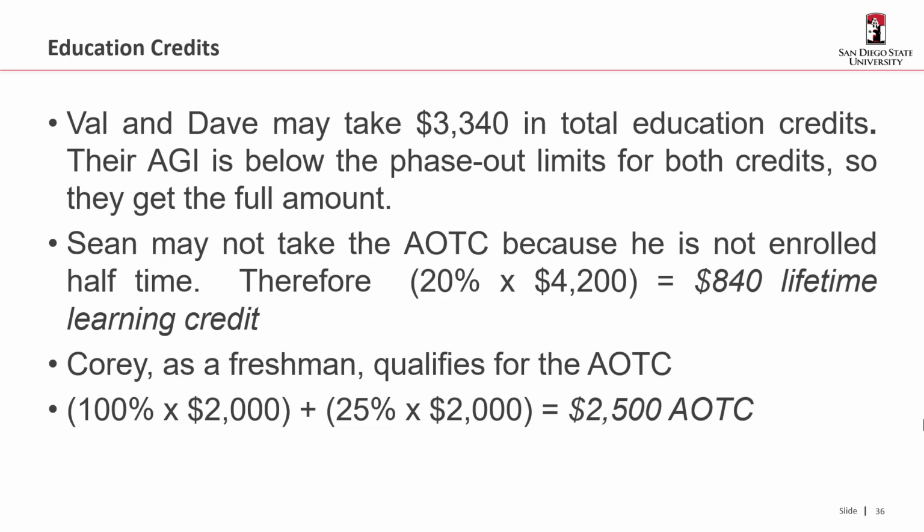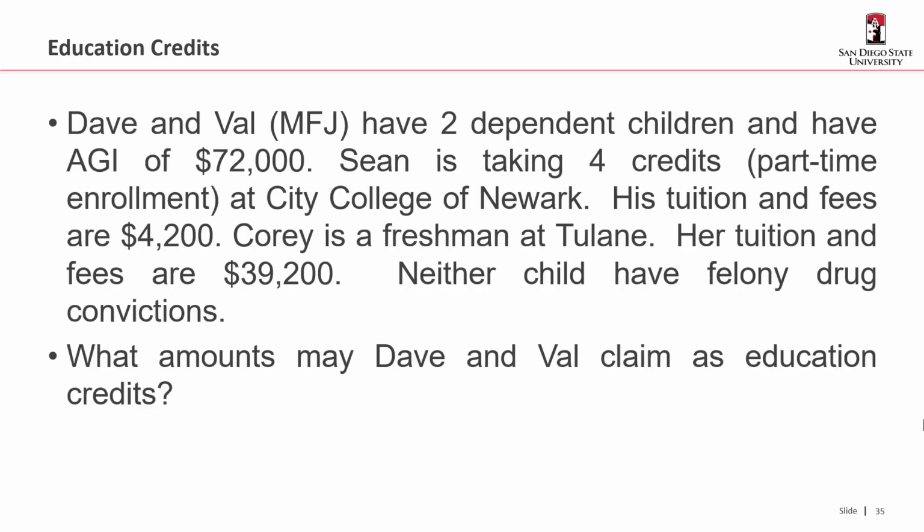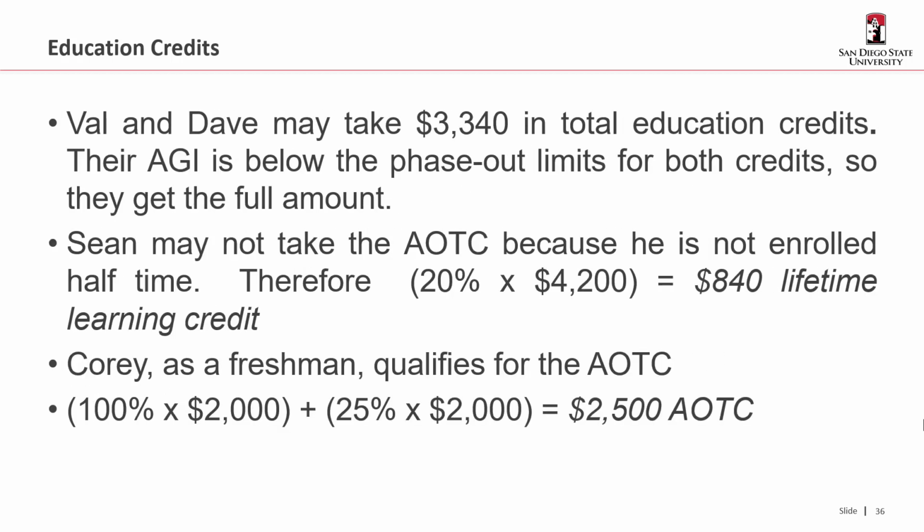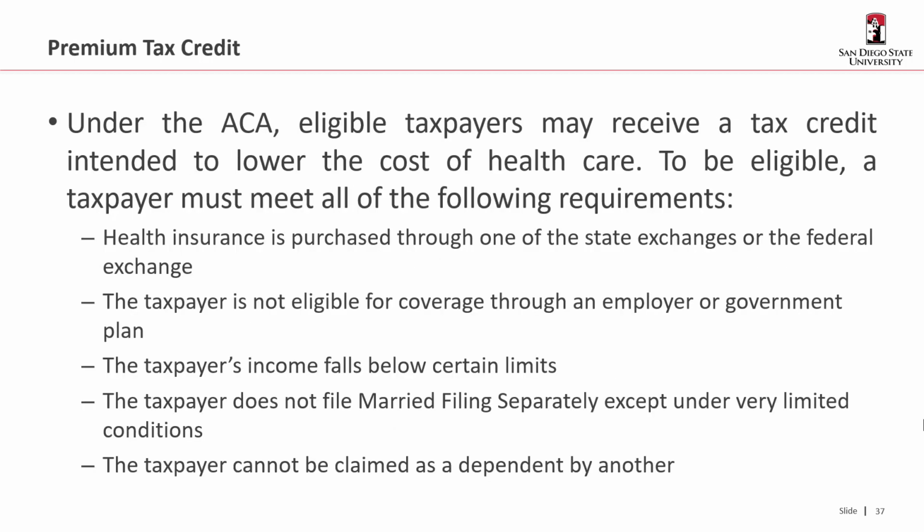Corey, as a freshman, however, qualifies for the American Opportunity Tax Credit. So we know she's going to qualify for 100% of the first $2,000 and 25% of the next $2,000, or $2,500. Recall that her tuition was well in excess of that at $39,200. So Val and Dave are going to claim a $2,500 American Opportunity Tax Credit for Corey, and we are done.